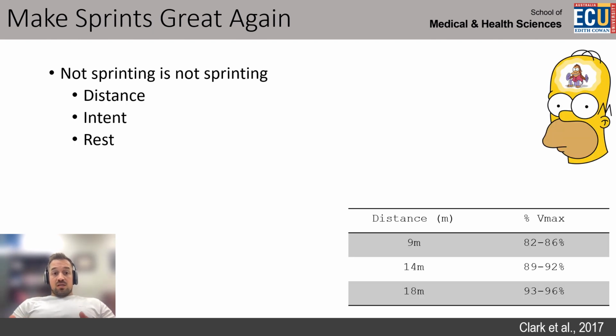Okay, how do we translate those findings into our practice? Well, not all sprinting is the same, and we know that maximum velocities are needed to get faster and trigger those adaptations that we want. But I still often hear that this occurs at around 50 to 60 meters, as we see with elite 100-meter sprinters.